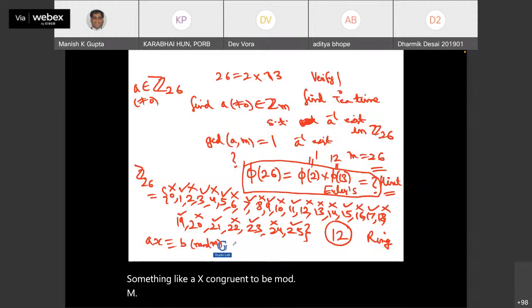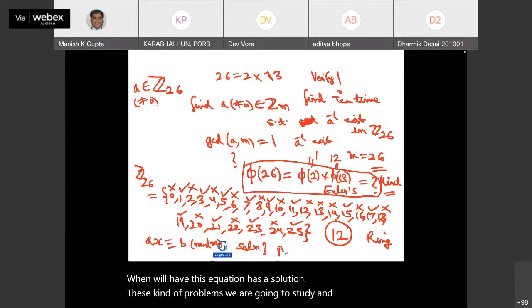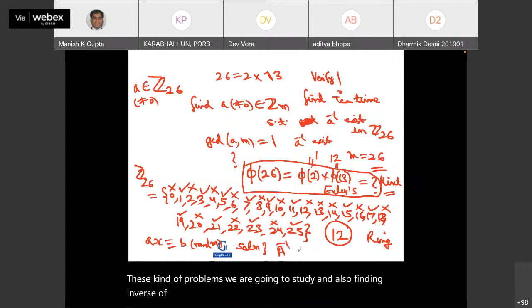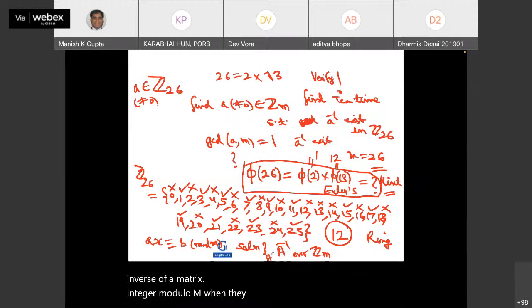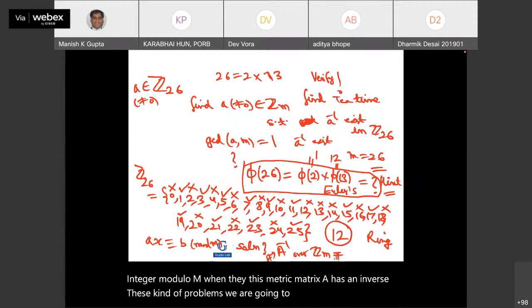When does this equation have a solution? These kinds of problems we are going to study, and also finding the inverse of a matrix over integers modulo m, when a matrix A has an inverse. These kinds of problems are very useful for developing ciphers. So we'll see that.